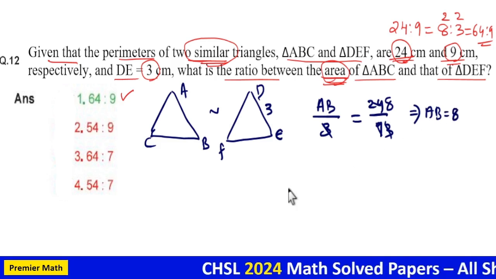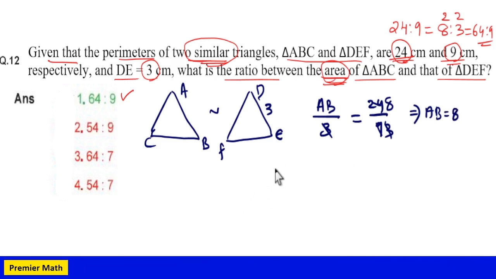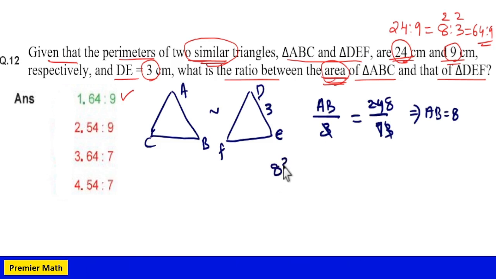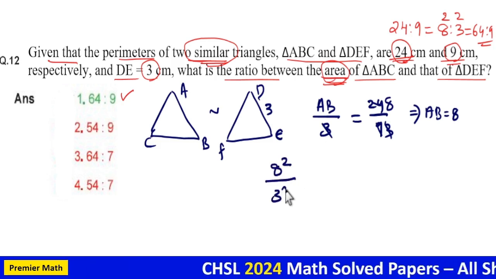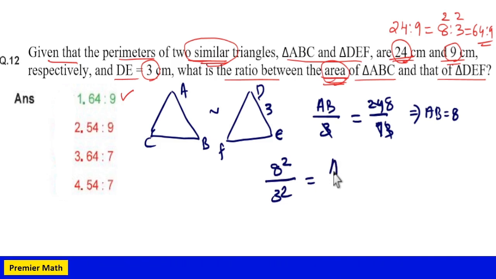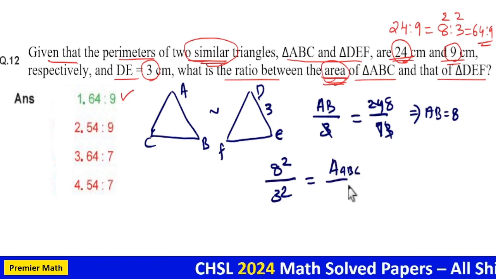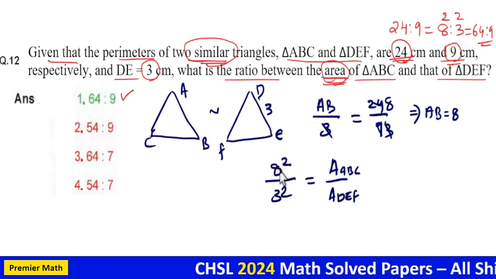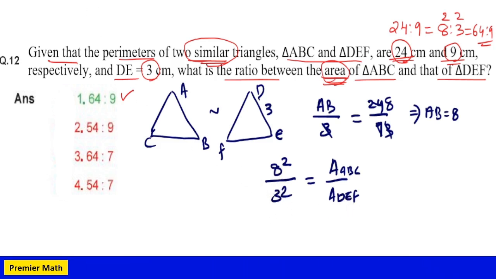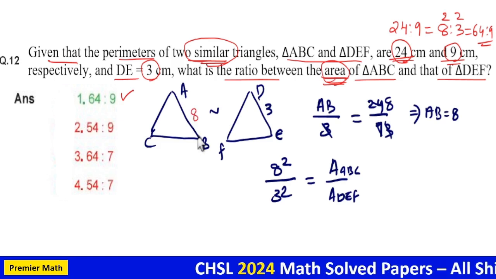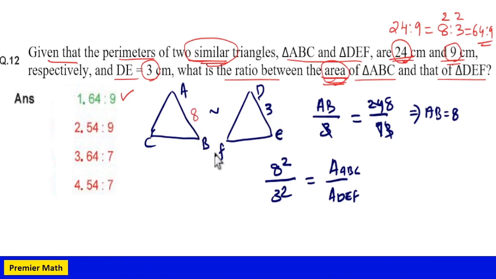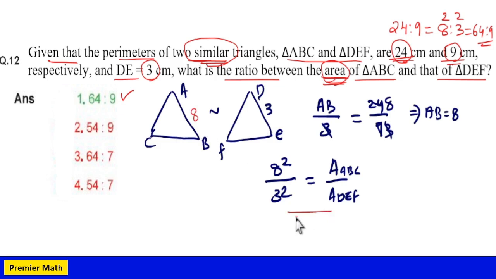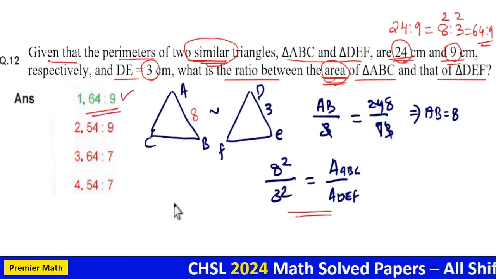AB is equal to 8 means here the ratio of the square of corresponding sides, that is 8 square by 3 square, is the ratio of the area of triangle ABC and area of triangle DEF. We got AB as 8. Then 8 square by 3 square is the ratio of area of triangle ABC and DEF. So option 1 is your answer.